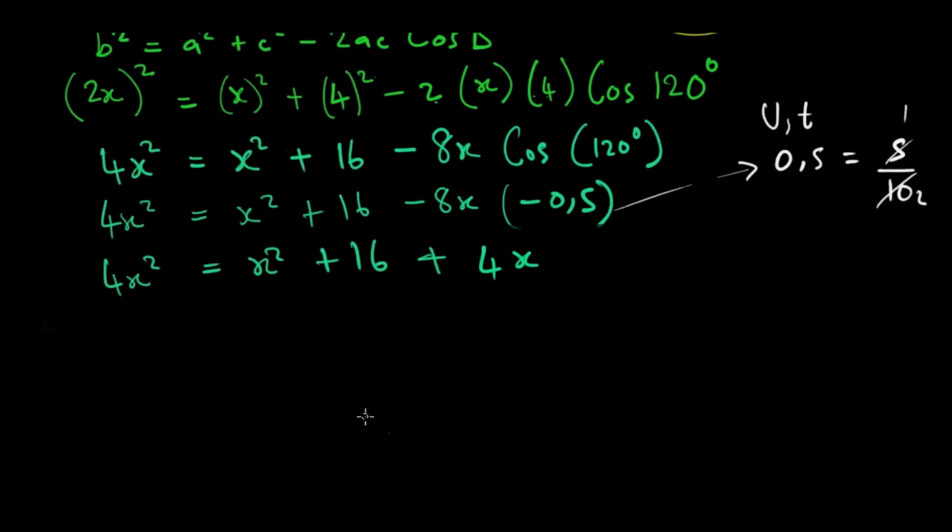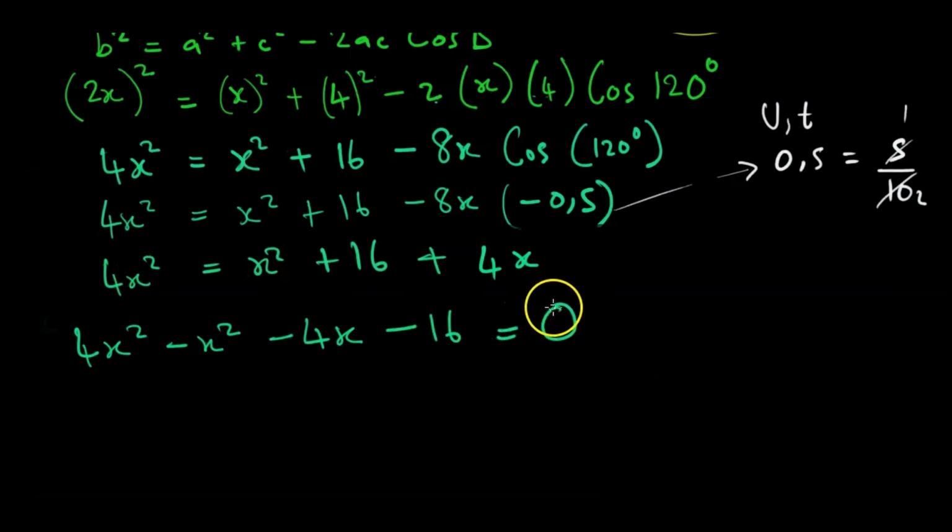Saka panapa manje, what we now need to do is, we now need to just collect like terms. Saka, kuno kutagara tina 4x squared. X squared uno akajamba iko sign anosvika ari minus x squared. 4x uyu akajamba iko sign anosvika ari minus 4x. Then 16 wokupedzisira akajamba iko sign anosvika ari minus 16. Kureva kuti kuno kuyava equals to 0.